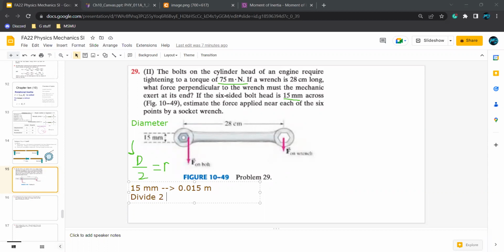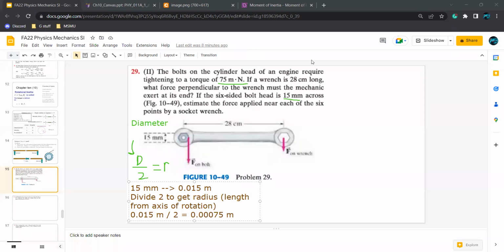Divide by 2, because the radius will be half the length. 0.015 divided by 2 is 0.00075 meters. We'll use that later.